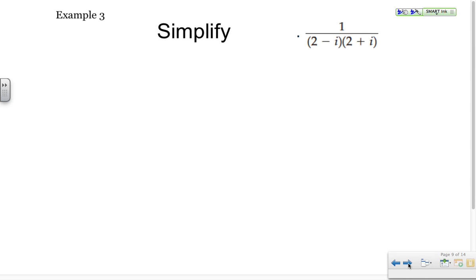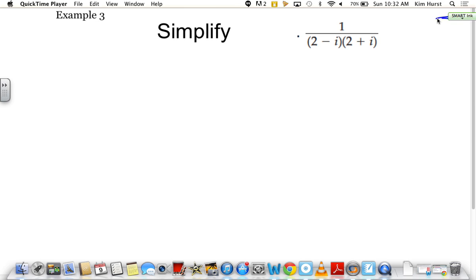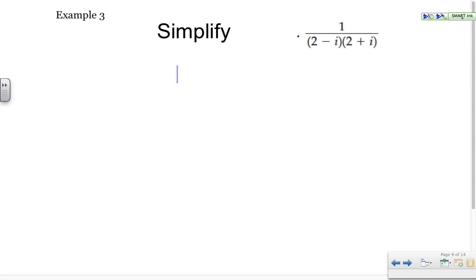All right, now simplifying with a denominator. The idea is that i is actually a radical number. You don't want i in the denominator, so we will have to rationalize if it doesn't work out nicely. So I have 1 over 2 minus i times 2 plus i.